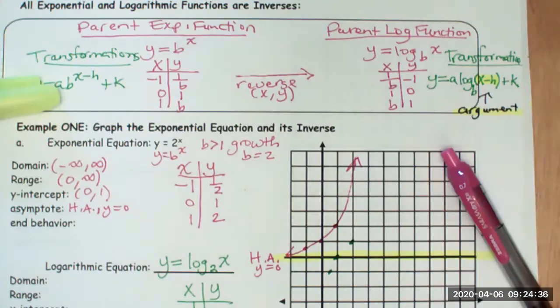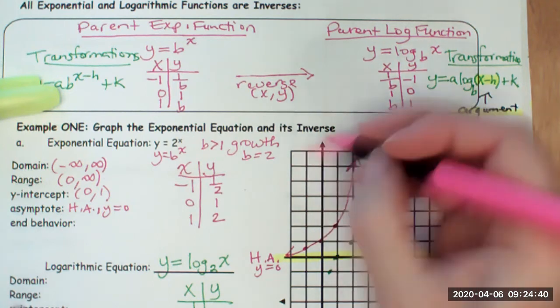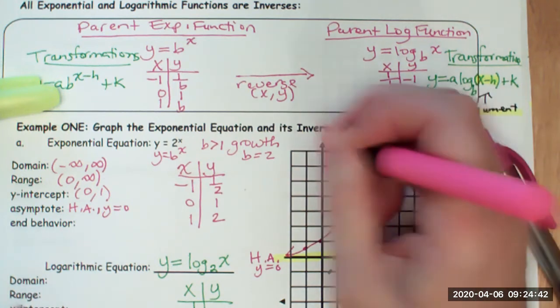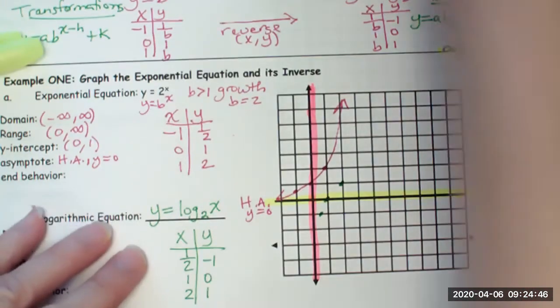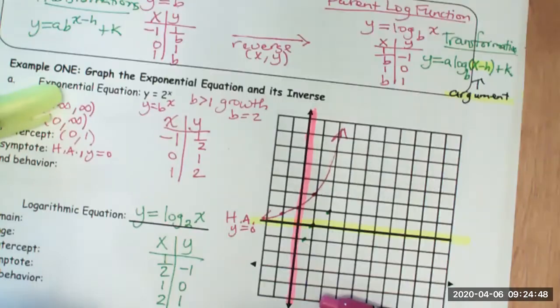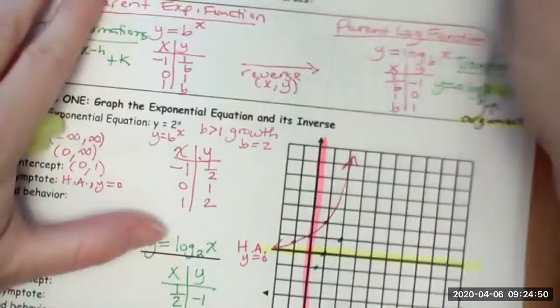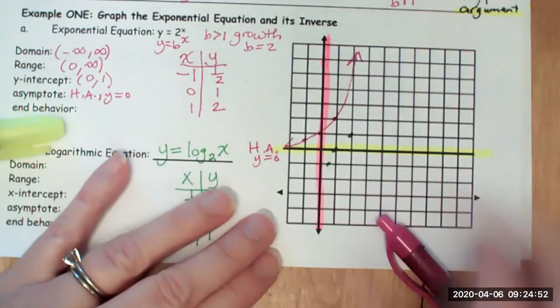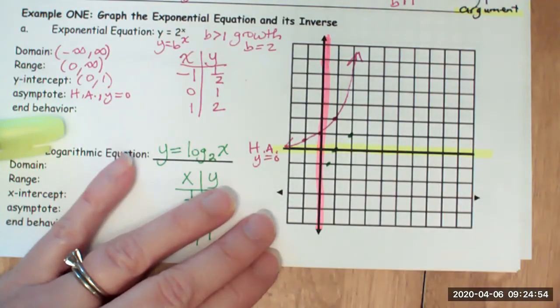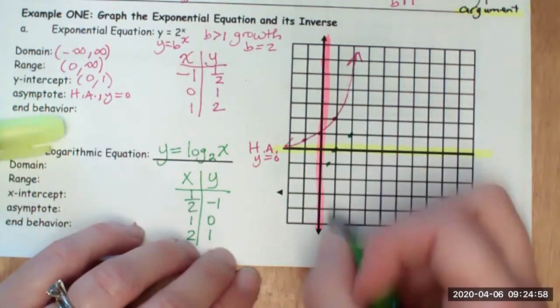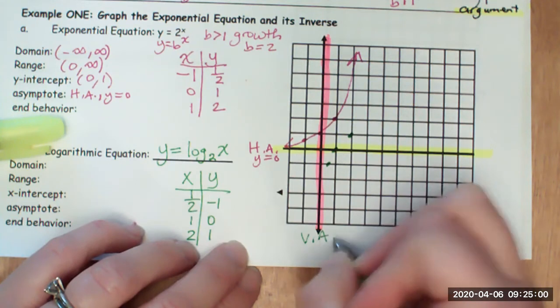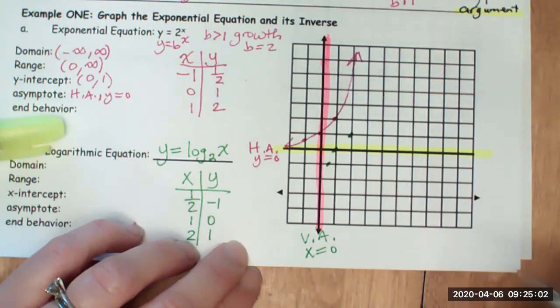So we can see here that we're going to have a vertical asymptote at x equals 0. Which makes sense, right? Because we're reversing x and y. So if the exponential function had a horizontal asymptote at y equals 0, the logarithmic function is going to have a vertical asymptote at x equals 0.